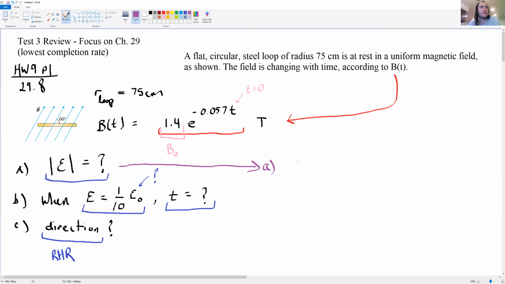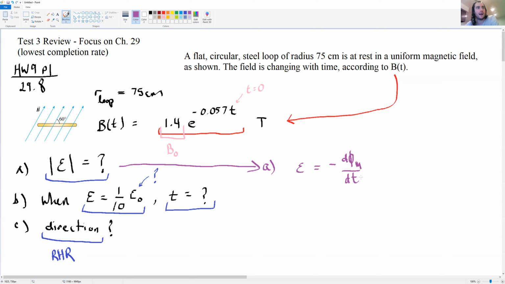Faraday's law: when you look at these equations, you want to repeat their meaning as you write them down. So Faraday's law says that the induced EMF is equal to minus the rate of change of the magnetic flux. Rate of change is the derivative with respect to time, right?